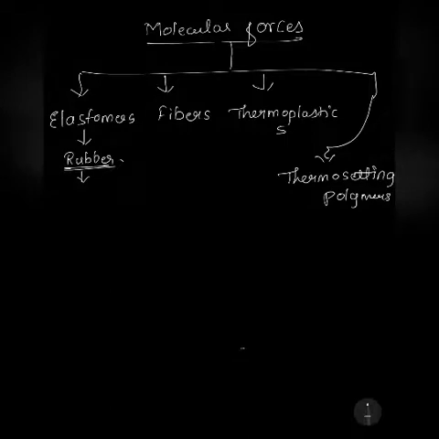Then coming back to the fibers, this class of polymers is almost thread-like and can be woven into fabrics. These are widely used in making cloths, nets, ropes, gauges, etc. And the fibers possess a high tensile strength because their chains possess strong intermolecular forces as compared to your elastomers.